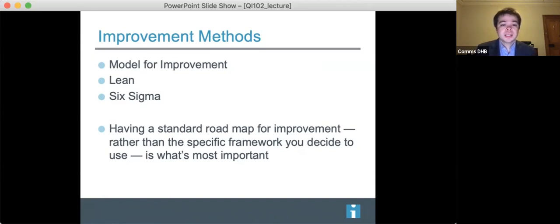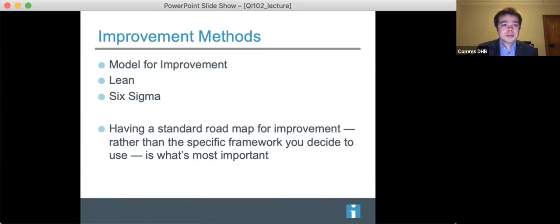And if somebody comes along from the Lean Institute and starts using lots of Lean techniques and talking all this jargon, and everybody else in healthcare is using the model for improvement, then you'll find that things don't work so well. So you either have to then teach people Lean, or you change to the model for improvement.